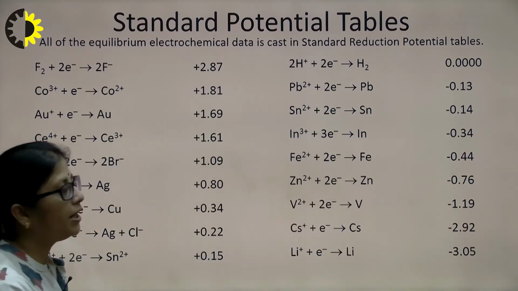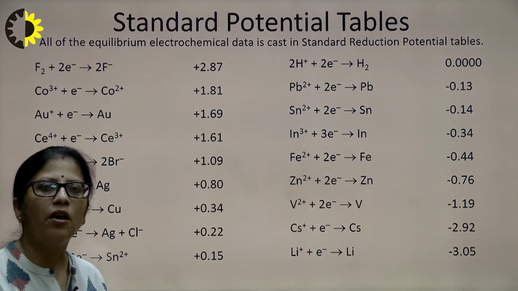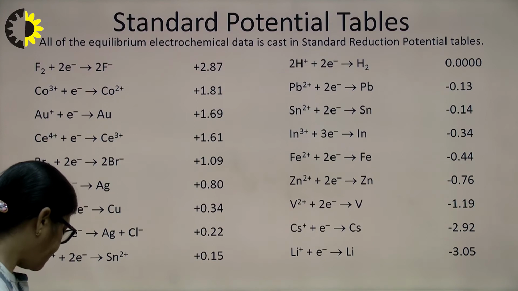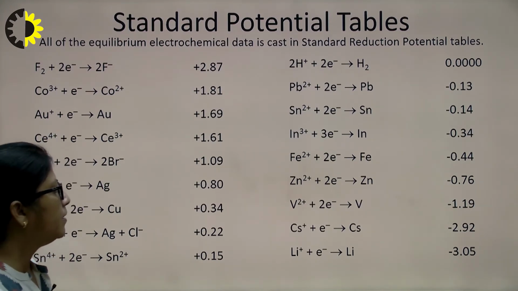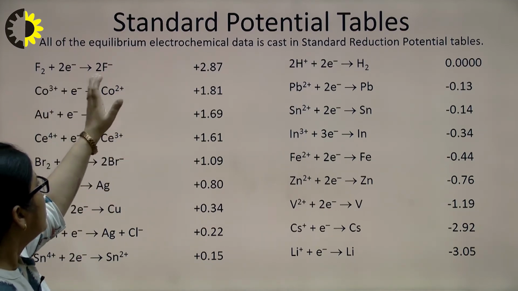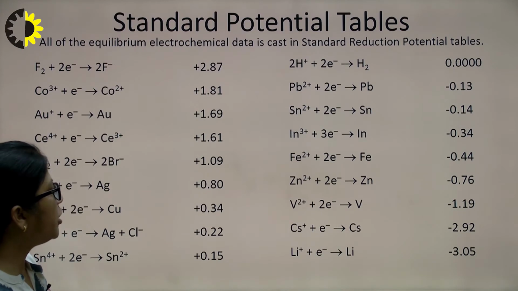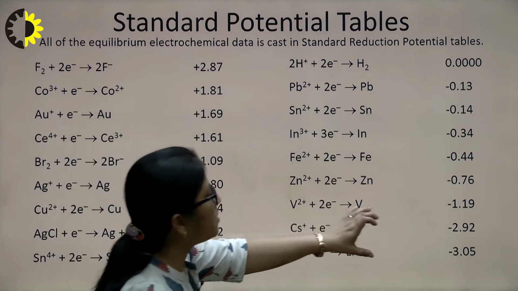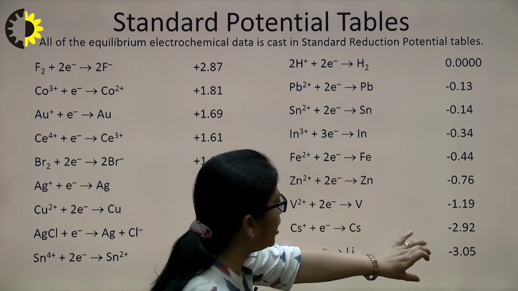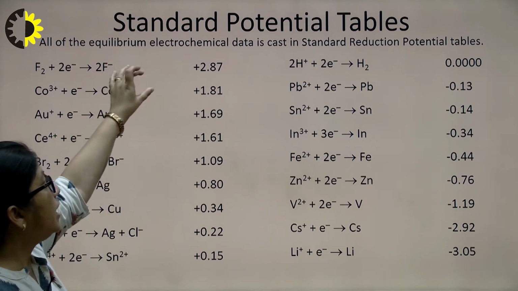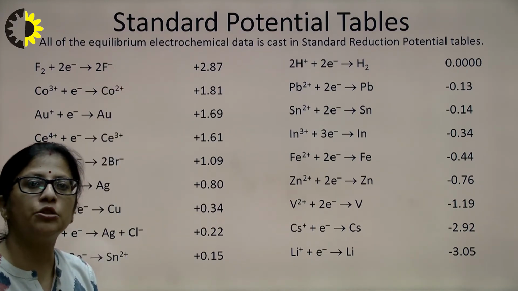Now, here I have tabulated the standard potentials of some of the half cells. Here we can see the reduction potentials. The more negative the standard electrode potential, the more tendency towards oxidation, and the more positive the reduction potential, the more tendency towards reduction.